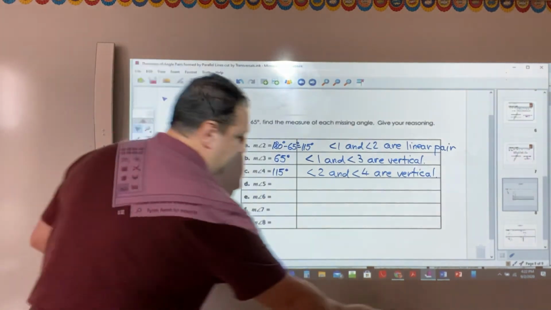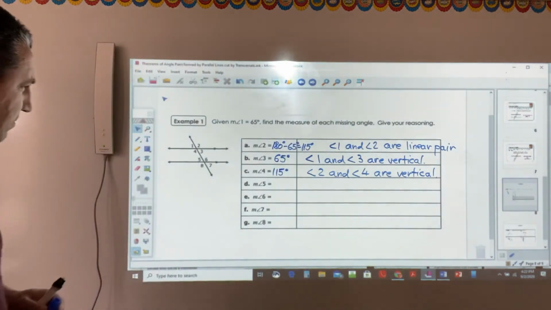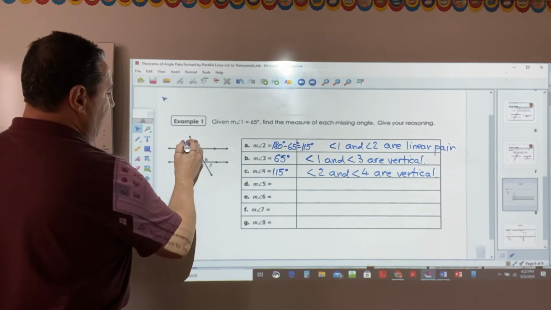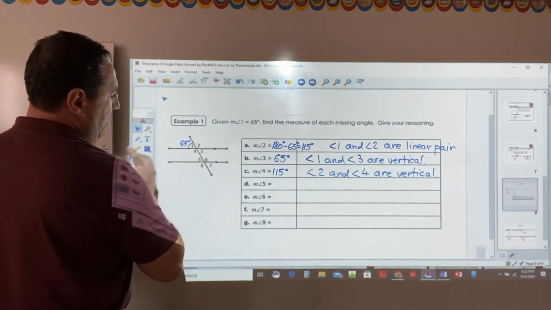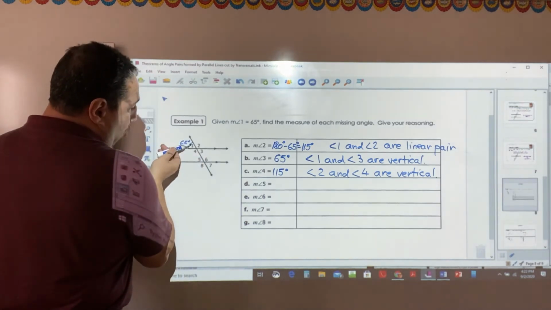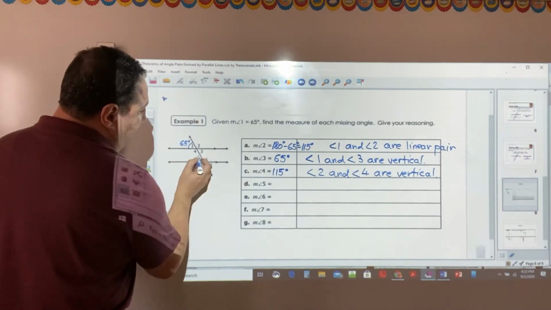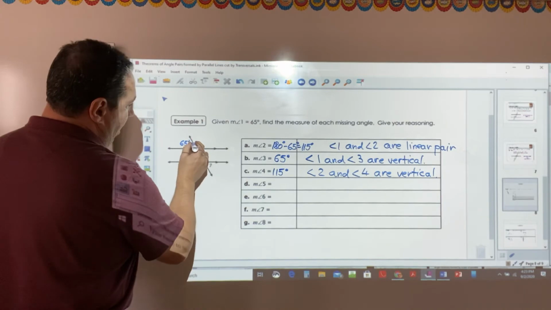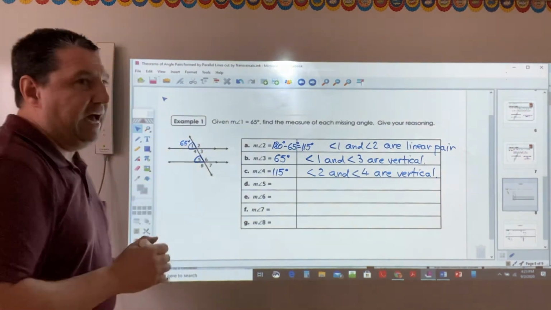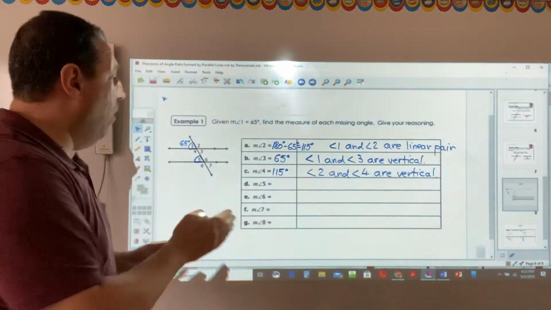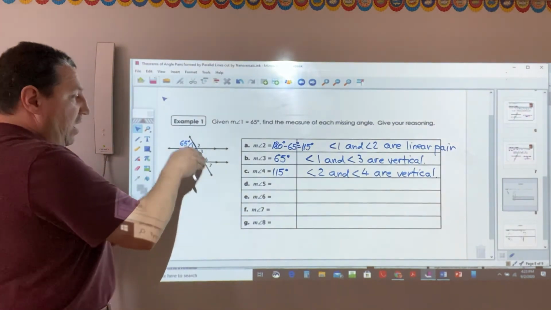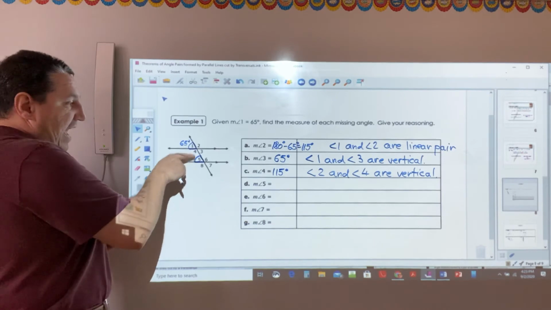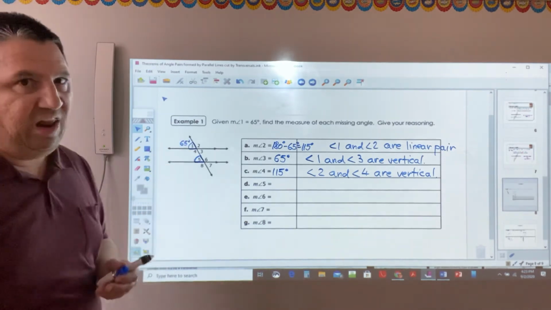Let's move forward to other angles. Now, we know angle 1 is 65. Now, angle 1 and angle 5, for example, are both in the same location. Why? Because both are on the left side of the transversal and above the parallel lines.